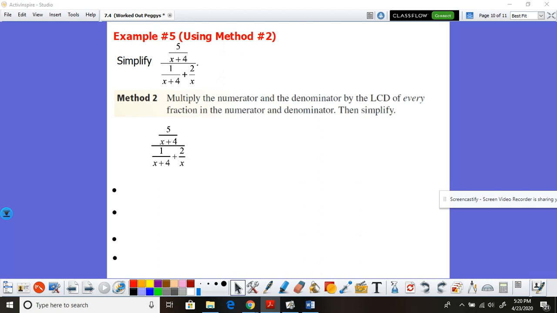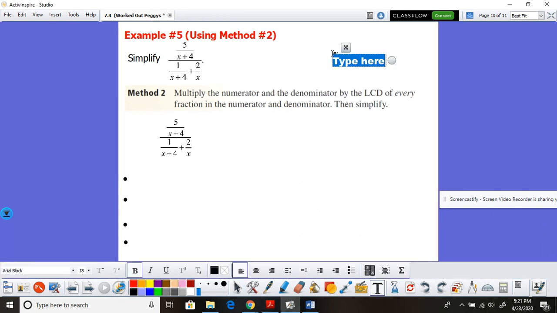Method 2 says multiply the numerator and the denominator by the LCD of every fraction in the numerator and the denominator, then simplify. So I'm going to take this fraction here, and I'm going to treat each of these 3 rational expressions, the 5 over x plus 4, the 1 over x plus 4, and the 2 over x, as all different for now. I want to find the LCD of all 3. Once again, the LCD is x times x plus 4.